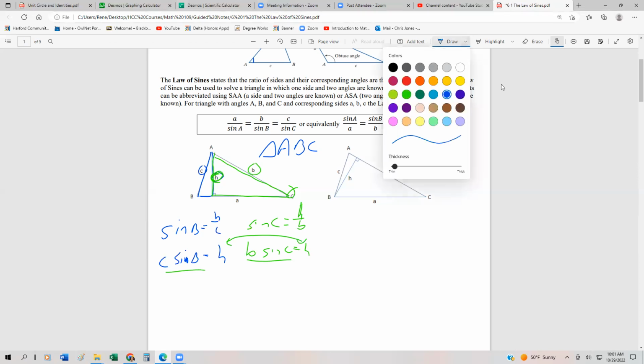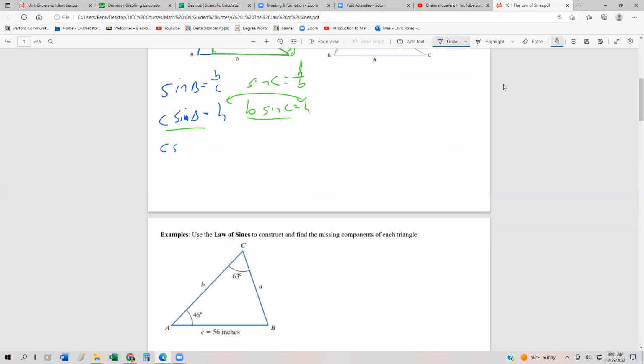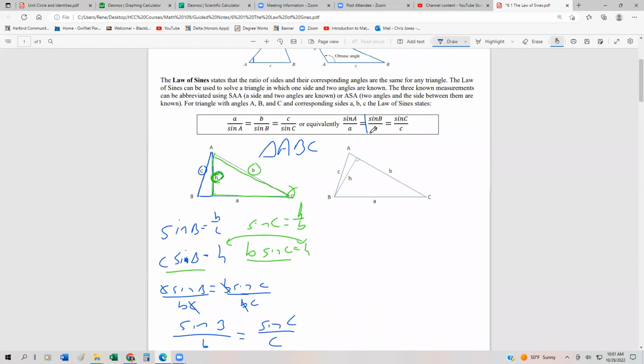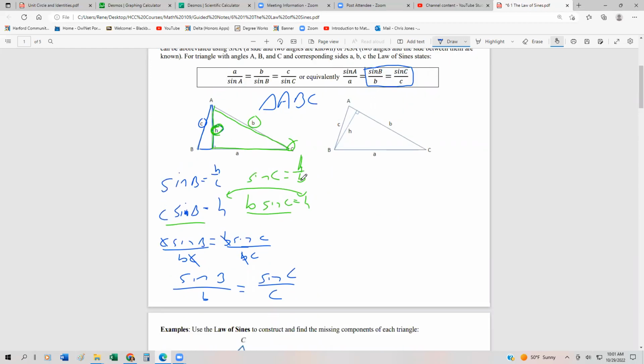We get that C sine of B is equal to B sine of C, and I can divide both sides by BC. On the left-hand side, the C's cancel out, so I have sine of B divided by B. On the right-hand side, the B's cancel out, and I'm left with sine of C over C. Notice that's one of the components right here: sine B divided by B is equal to sine C over C. So we've proved that ratio, and we're going to use the second triangle to prove the other ratio.